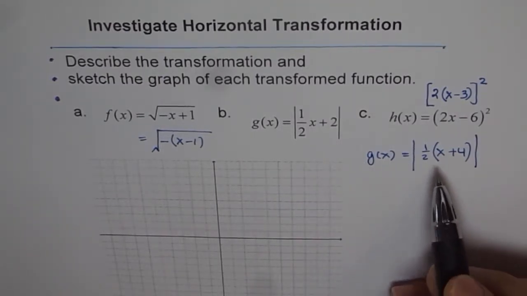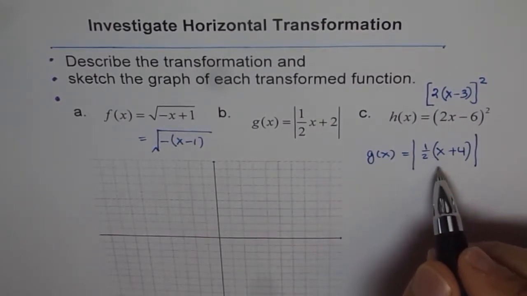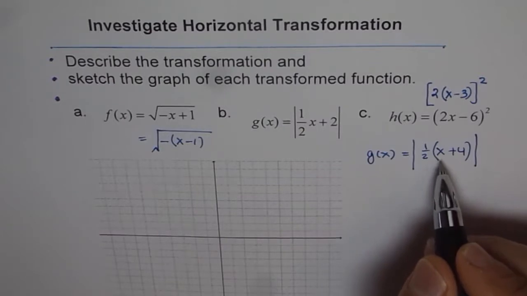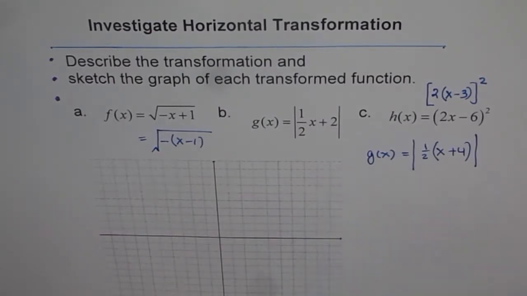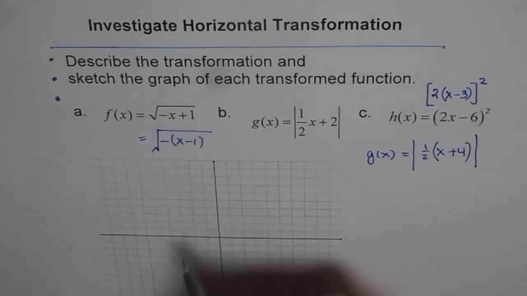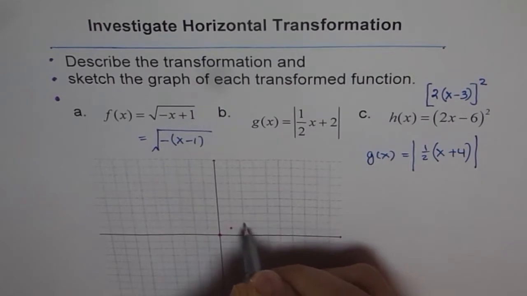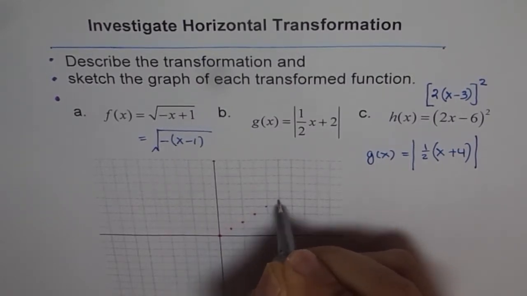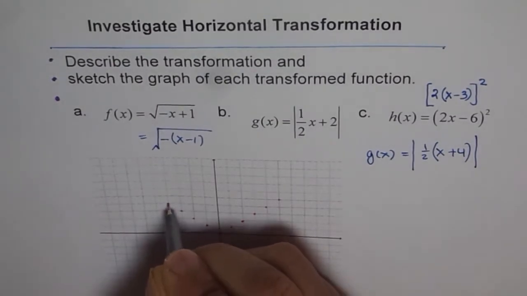Now, what we should do is write down the critical points on our parent function. The parent function here is the absolute function, which you all know. So I'll just plot the absolute function here. Start with your vertex. You know, it's 1, 1, 2, 2, 3, 3, 4, 4, like that, and it is symmetric about the y-axis.